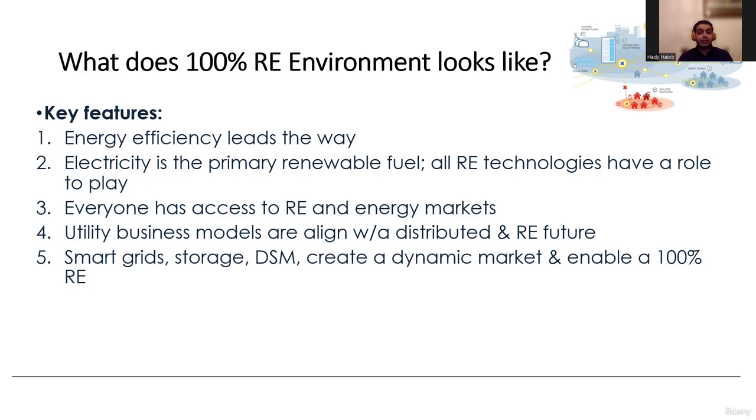This will even help and will reduce the total installed capacity that you are going to put in order to turn to 100% renewable energy. Number five, smart grids, storage systems, and dynamic markets have a very big role to play in order to turn to 100% renewable energy.